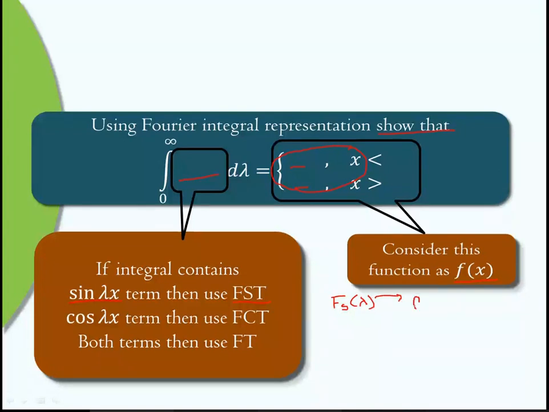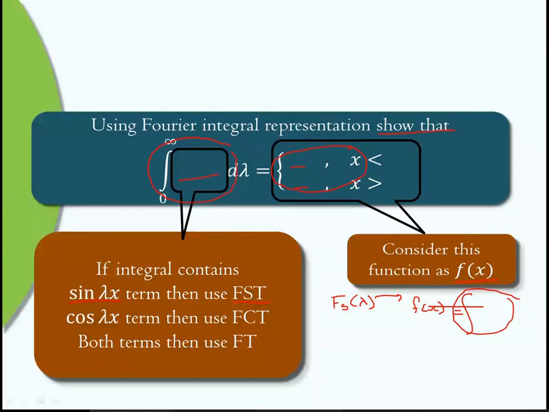Using the inverse, we get f of x in the form of an integration. We already have considered the right hand side as f of x, so we just have to check whether the left hand side comes out to be this integration or not. We have to check whether the integration we get by the inverse transform and this integration are the same or not.